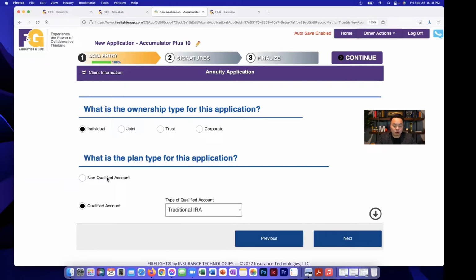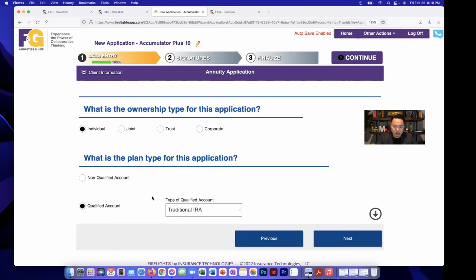Those are all non-qualified. Okay, Roth 401k, Roth IRAs, life insurance loans. Okay, all non-qualified. 401k, IRAs, all of that's qualified. 403bs, or I'm sorry, qualified.